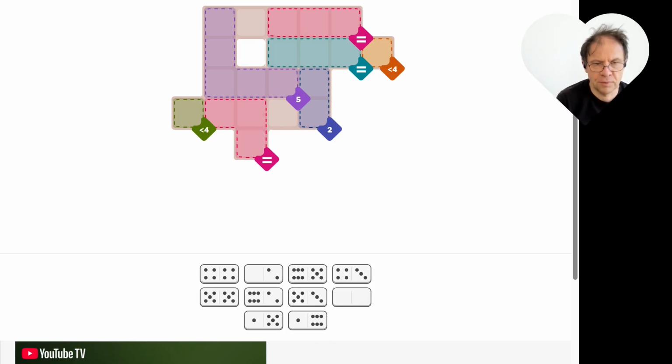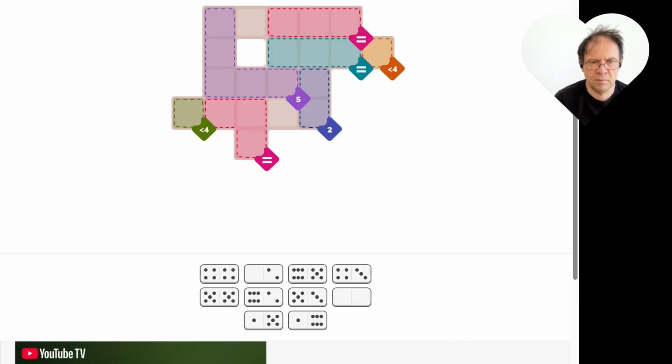Oh, I think you can prove that the group of 5 needs at least 1 0. I think you can prove that because if it didn't, the lowest thing it could be is 1 1 1 1 1, and you don't have enough 1s.